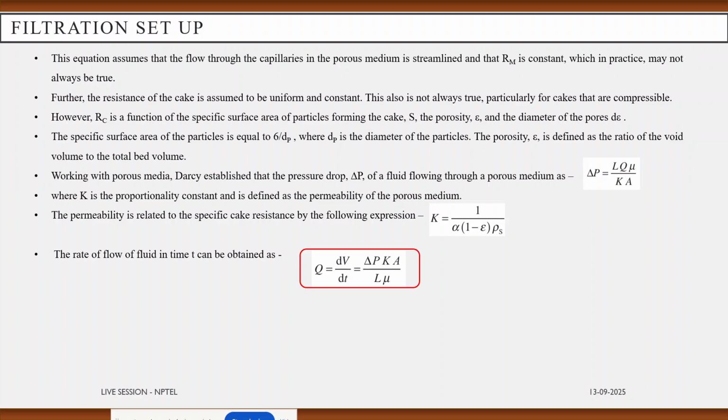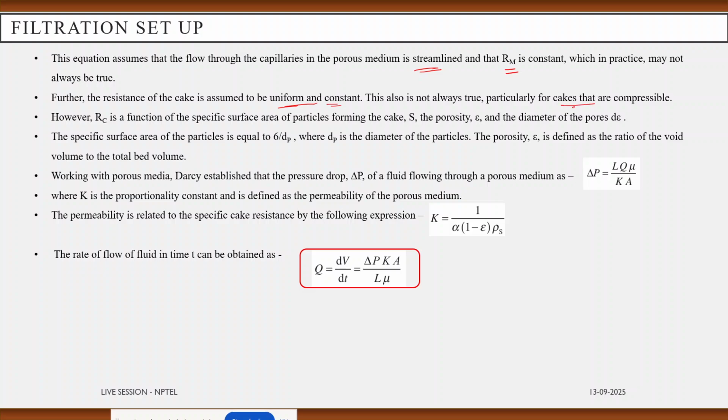The equation we derived in the last slide assumes that the flow through the capillaries in the porous medium is streamlined, but in reality it is not, and it assumes the resistance of the filter medium is constant, which in practice is not always true. Further, the resistance of the cake is assumed to be uniform and constant, which is also not an ideal case.